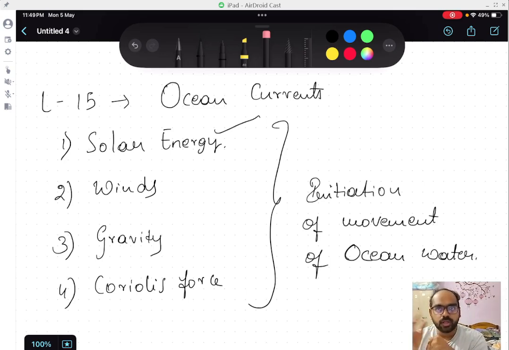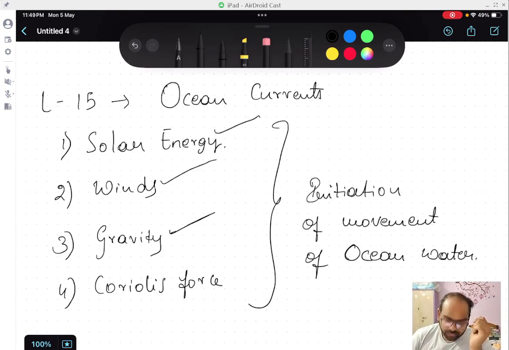Due to the presence of winds, and due to friction between these winds and oceanic water, the direction of oceanic currents is influenced by these winds. As these winds strike the moving oceanic water, they make the water move in different directions. That is about winds.